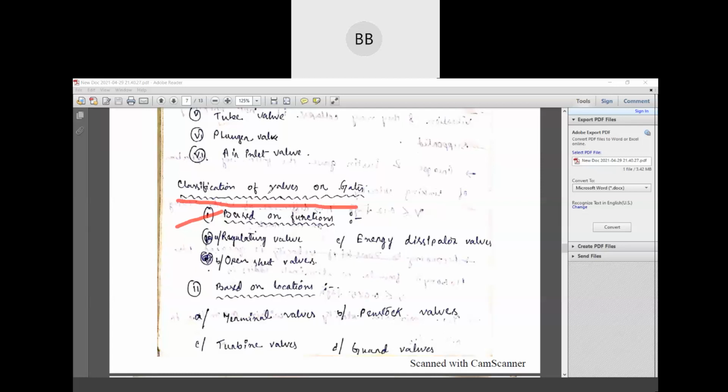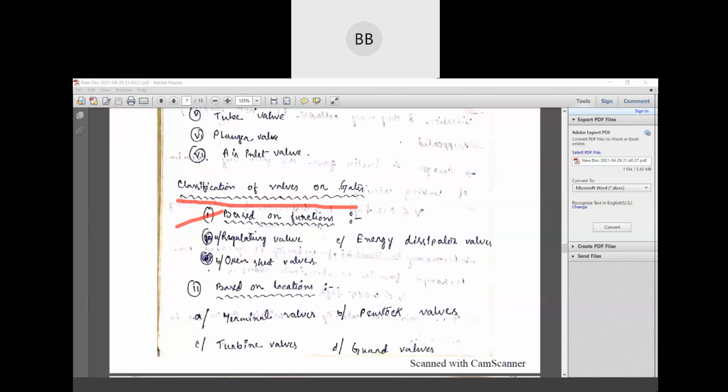Those plunger, tube, pistil, that valve looks like a pistol, so that's why it's called pistil. And there are different functions also. I think this is not that much required for you guys, but you should know what valves are available for hydropower.